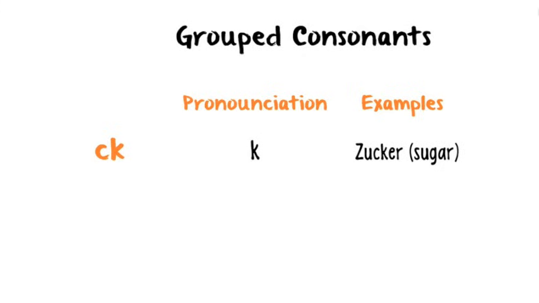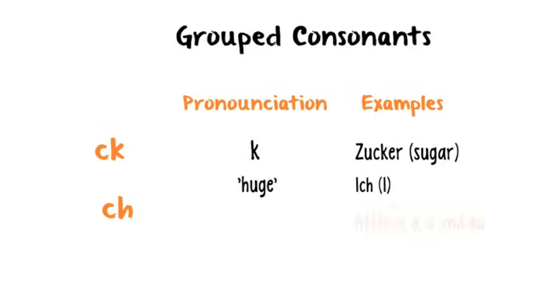The second letter combination is CH. There are three different ways of pronouncing this letter combination. In the first case, this letter combination sounds simply like the H in the word huge. Here we have the example of the word ich, which means I. In the second case, there's a specific rule.